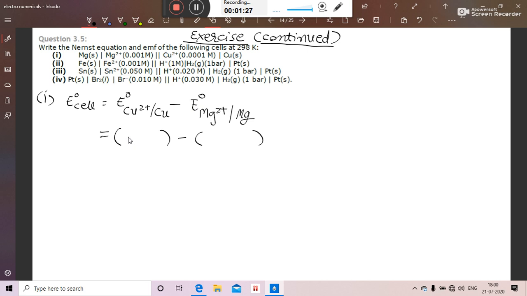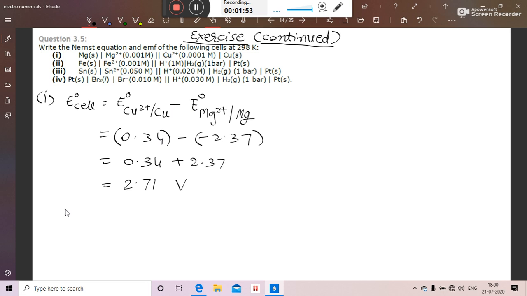From the table of E naught values, the reduction potential of copper is 0.34 and that of magnesium is minus 2.37. So that will be equal to 0.34 plus 2.37, which equals 2.71 volt.